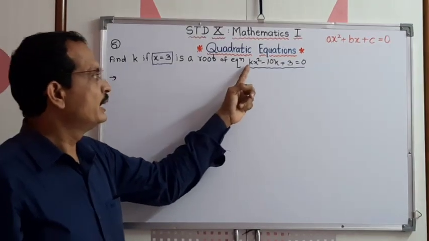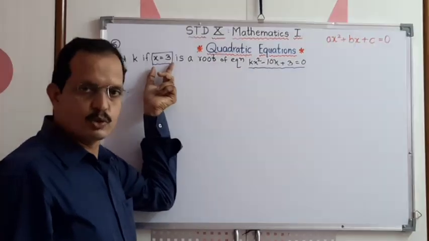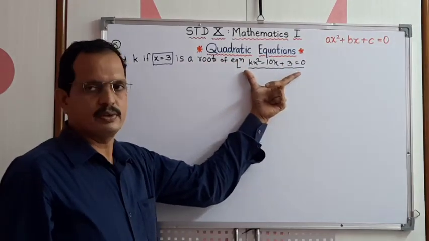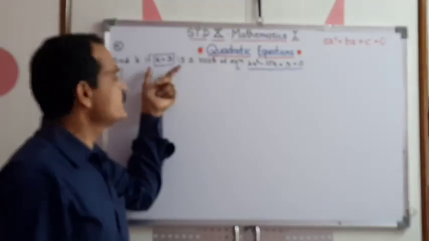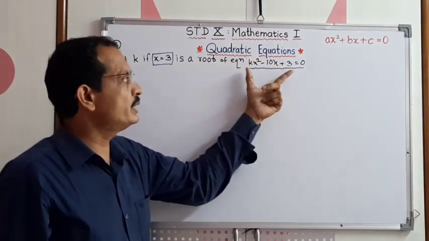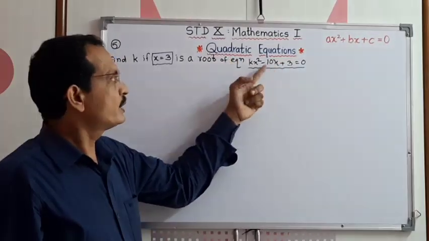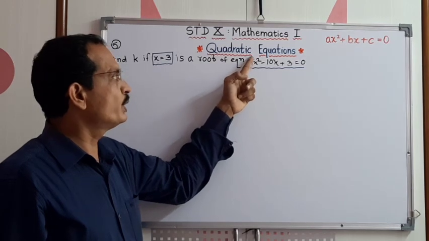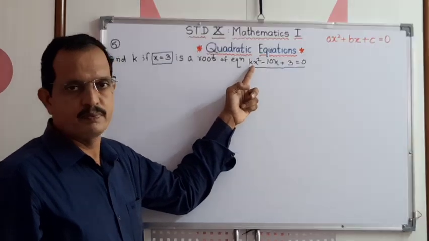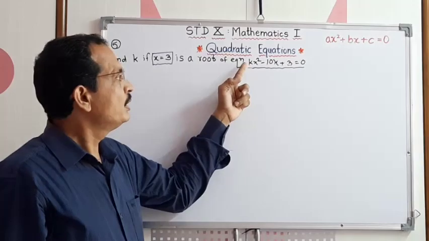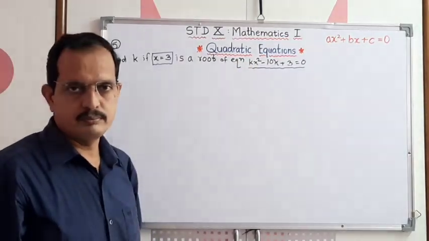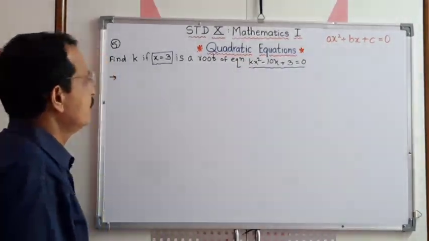Now see here, this x is equal to 3 is the root of this equation. That means if we put x is equal to 3 in this equation, it satisfies the equation. Therefore, by using that, we have to find out the value of this k. K means the coefficient of quadratic term, that is value of a.